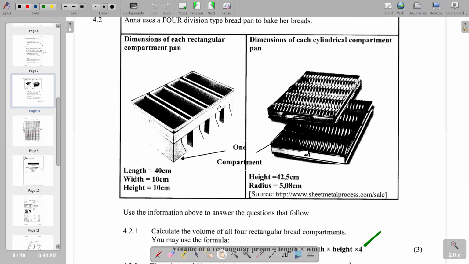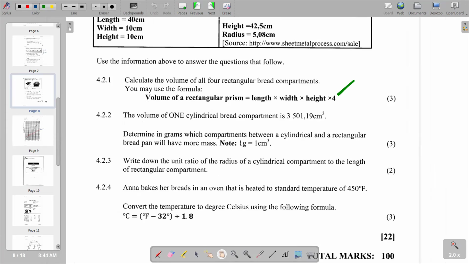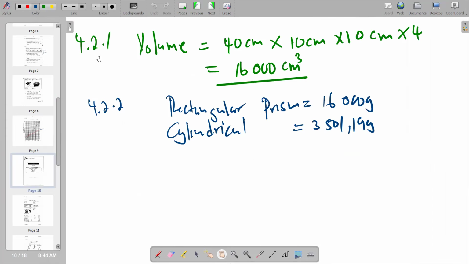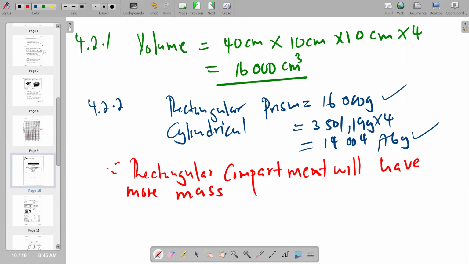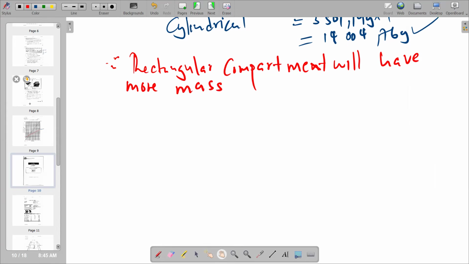So if you multiply it by 4, you get 14,004.76 grams. So the comparison is between this one and this one. See that? And therefore the rectangular compartment will have more mass. So this is what we have on this part.